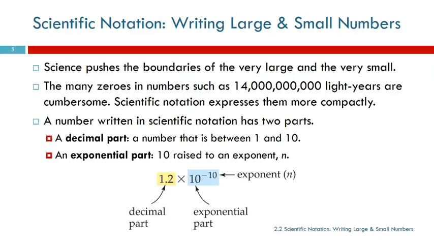In science, we often deal with the extremely large and the extremely small. So if you're talking about astronomy and distances between planets, you can get numbers like this. Let's see, this is 1,000 million billion, what is that, 14 trillion light years?